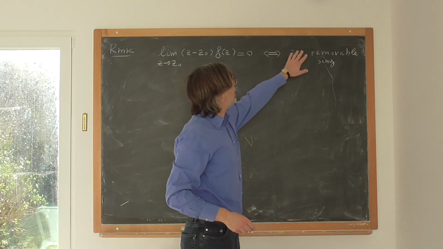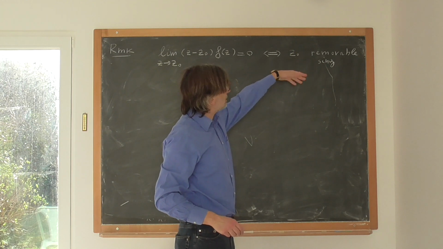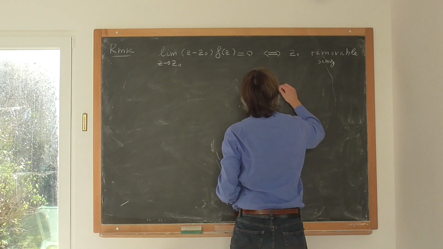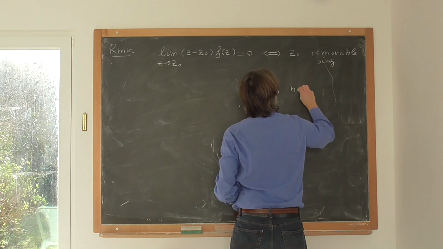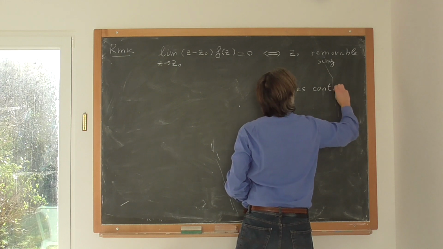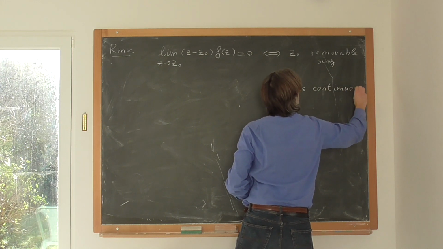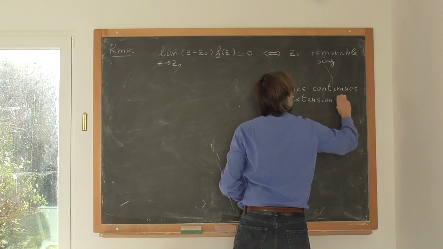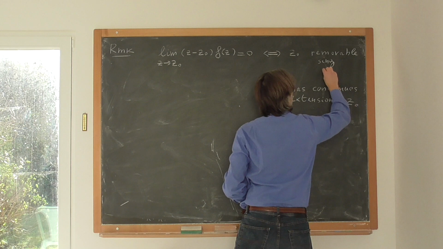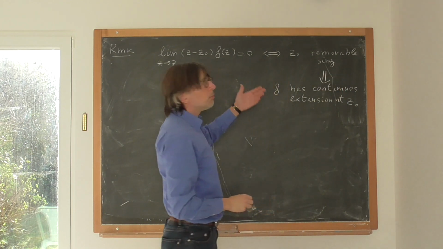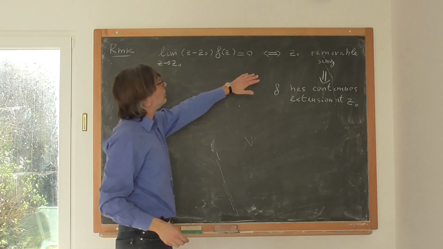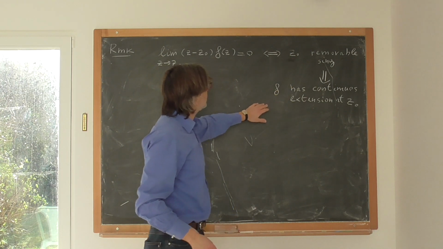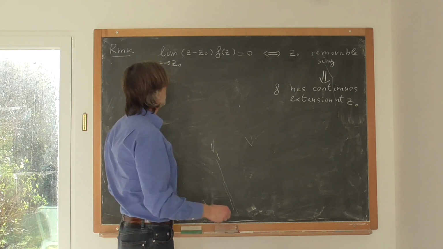But of course, if f has a holomorphic extension at z naught, we can also say that f has a continuous extension at z naught, right? Because holomorphic functions are continuous.